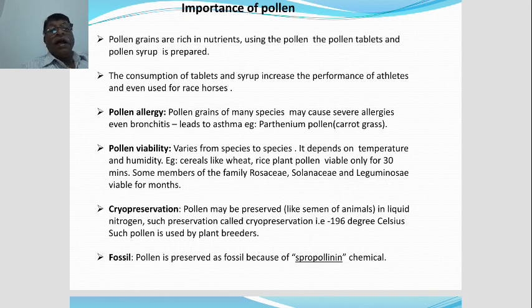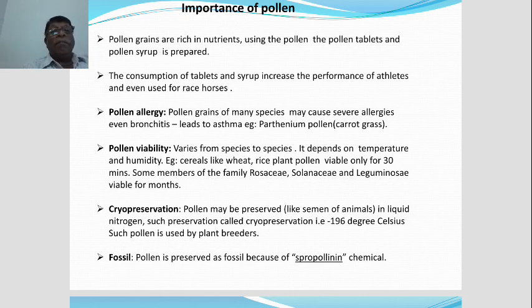Okay. In some members of the family Rosaceae, Solanaceae, Leguminosae, which is now called Fabaceae, pollen is viable or living for months together. A very important neat point I already told you. Rosaceae means the rose plant belongs to this family.